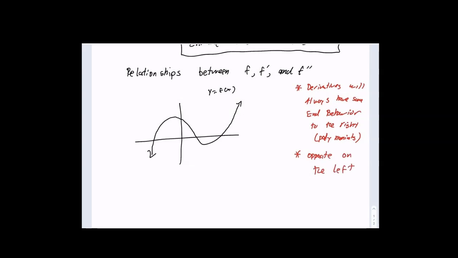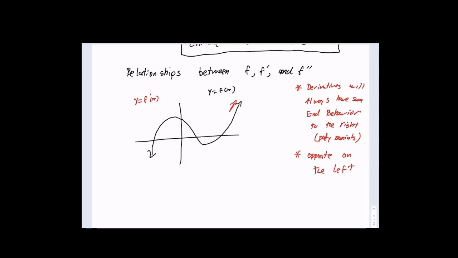Now this comes from the fact that the function is increasing to the right, which means its derivative must be positive. So as such, the function is pointing up, and this is going to be y equals f prime of x. Therefore, its derivative must also point up as well.